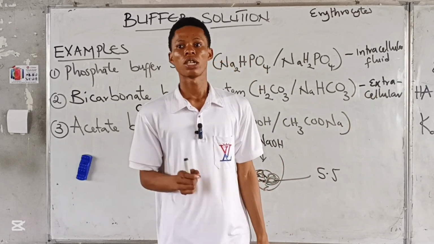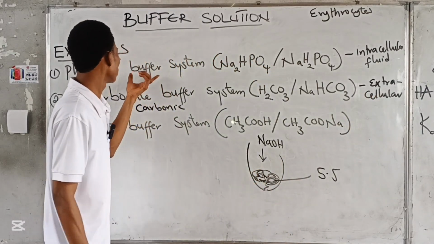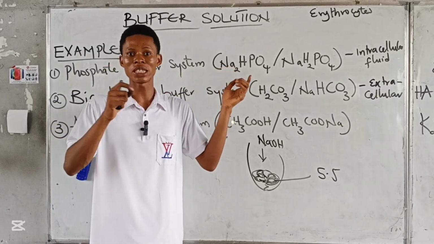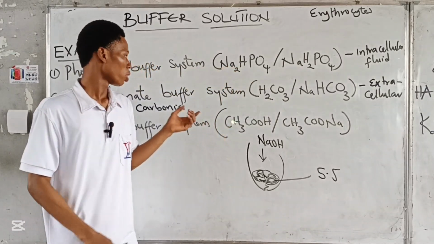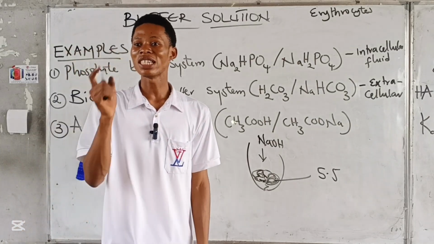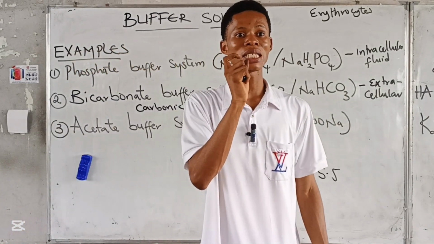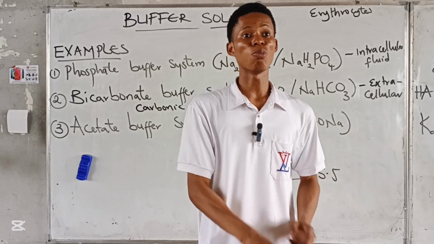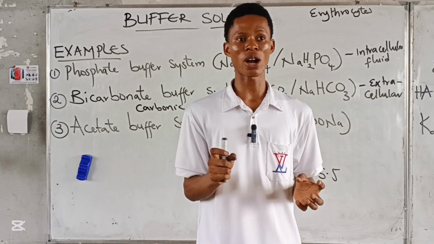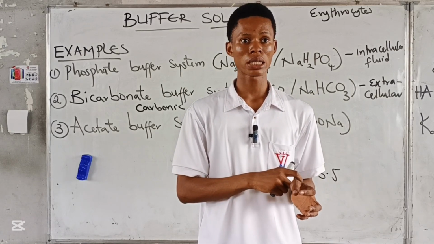But remember that we said the phosphate buffer is not sufficient to operate in the blood. The bicarbonate buffer system, or the carbonic buffer system, is the principal operating buffer in the blood. I also said the hemoglobin buffer operates in the blood, right?